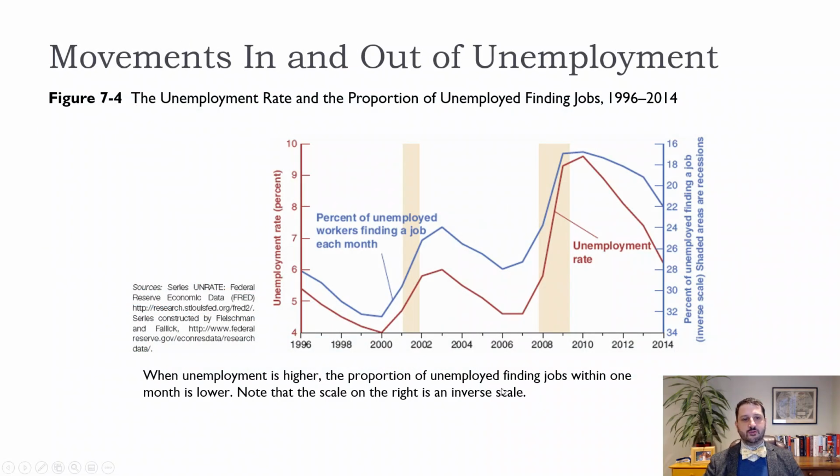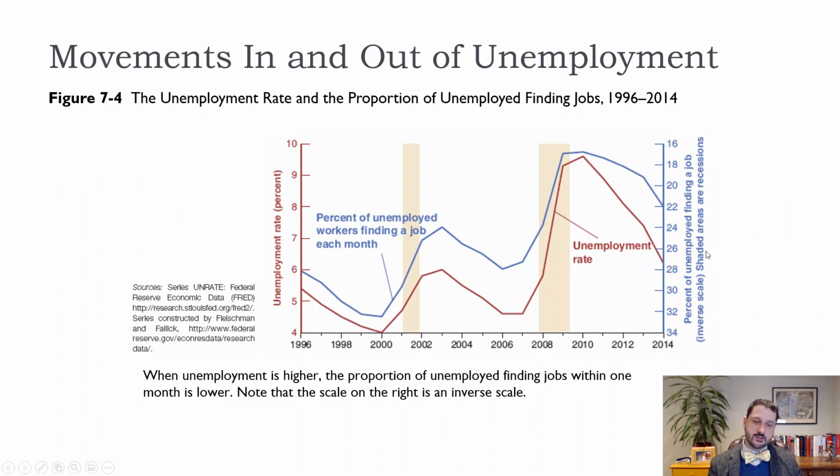So as we said before, movements in and out of unemployment are usually actually pretty large. The interesting thing is that they are cyclical, or counter-cyclical, so that the percentage of unemployed workers finding a job, which is over here on the blue line, goes up.